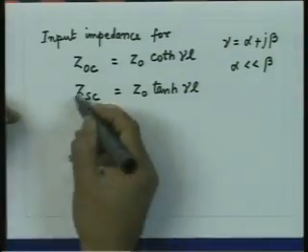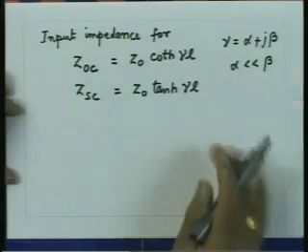So, let us consider this ZSC and substitute for gamma, alpha plus j beta.